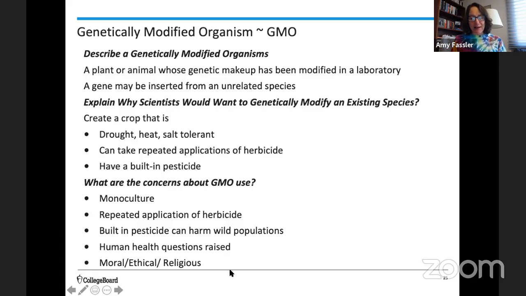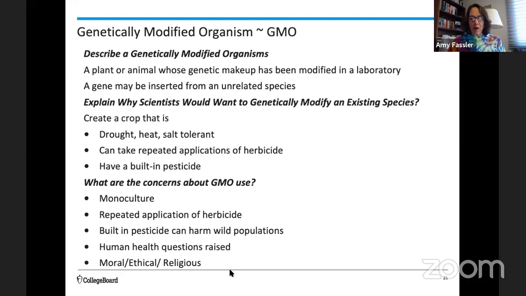Built-in pesticide. It's good that I can build that pesticide right into my seed and the farmer doesn't have to spray, but anything that eats that plant could now be affected by that toxin and it could die as well. It might not just be targeting that corn borer insect that I want to kill.